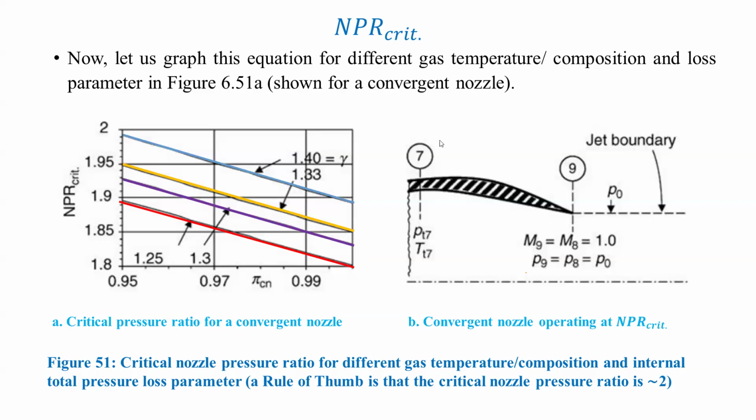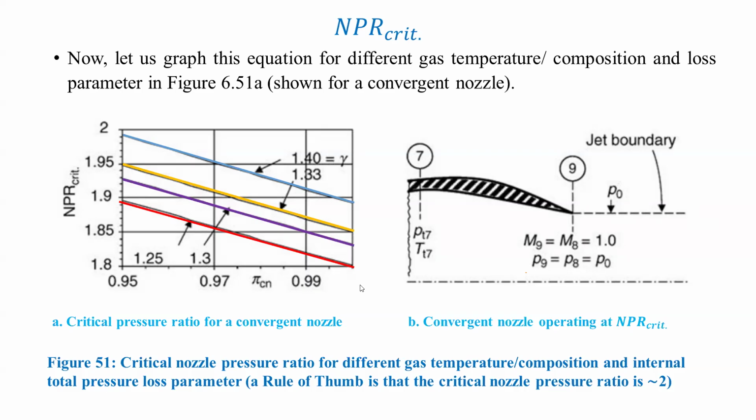So 7 is here, the total stagnation condition. 9 is the exit. And the atmospheric condition is here, which is dominated by the jet boundary condition. This is the center line.